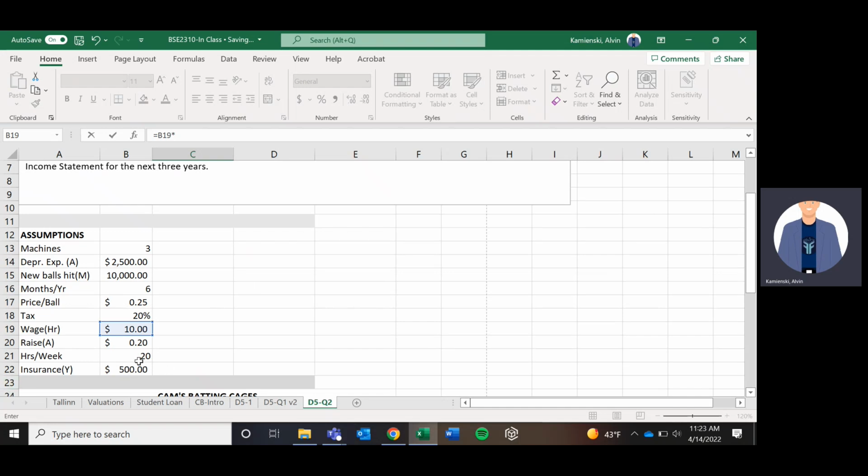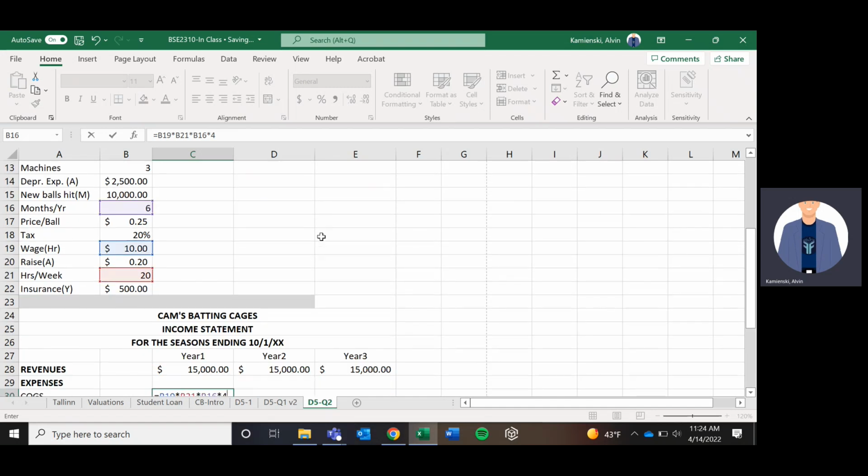He's only working 20 hours per week. So he's really only making $200 per week. But he's working for 6 months, and a month has 4 weeks in it. So it's $200 a week for 4 weeks per month for 6 months for the summer.